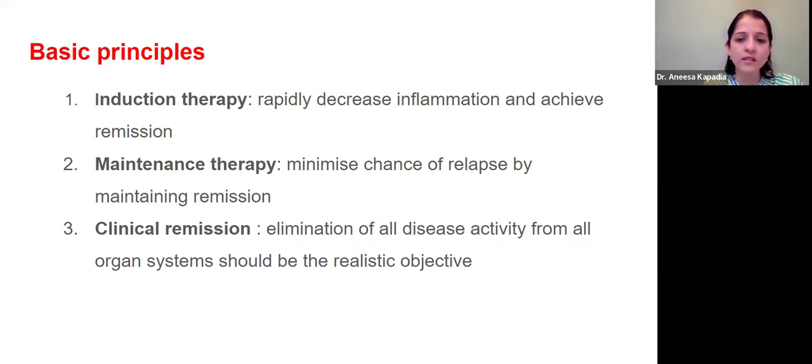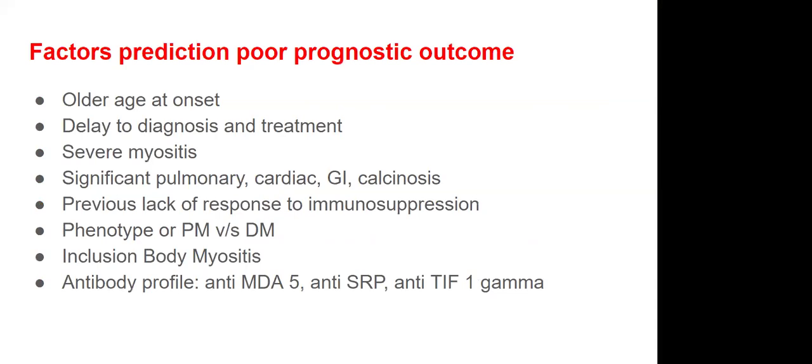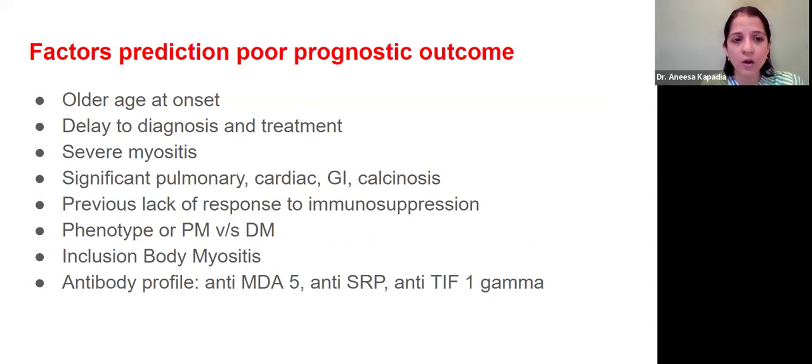And of course, what is clinical remission? That should be our goal of treatment, although we may not always achieve it, but we must strive for it. That is eliminating all disease activity from all organ systems. So, for example, a patient with myositis may also have ILD, may also have skin involvement. We must look at the patient as a whole and not only target one organ. There are certain factors which do predict a poor prognostic outcome.